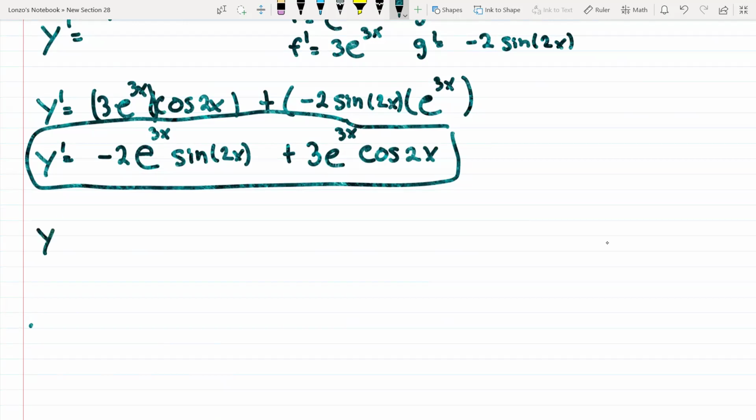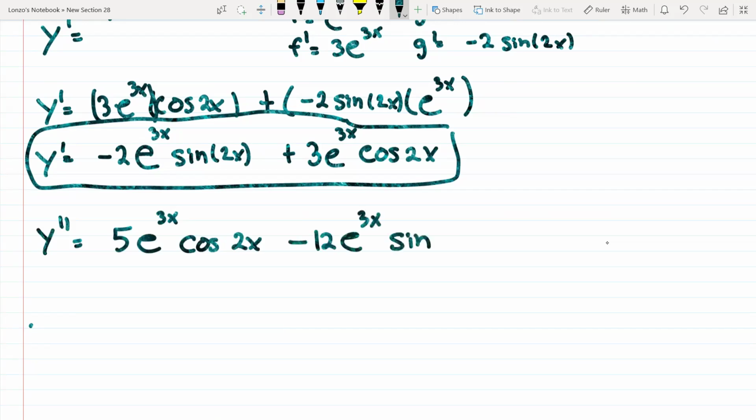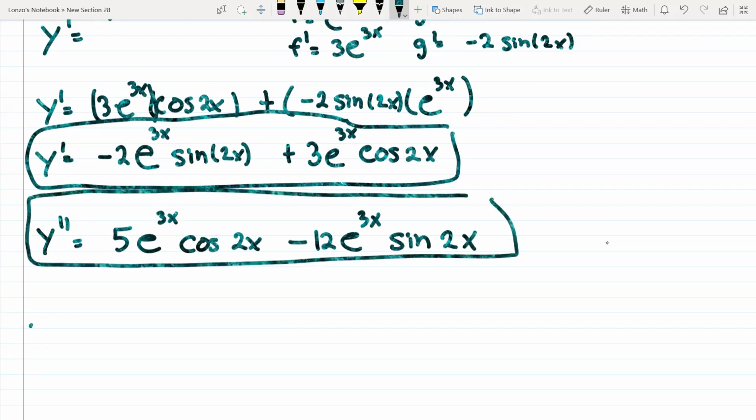When you do the algebra, you get y double prime is 5e to the 3x cosine 2x minus 12e to the 3x sin of 2x. If you have to do the algebra, that's fine, but that's what I got as my y double prime. Okay, now you got to check.